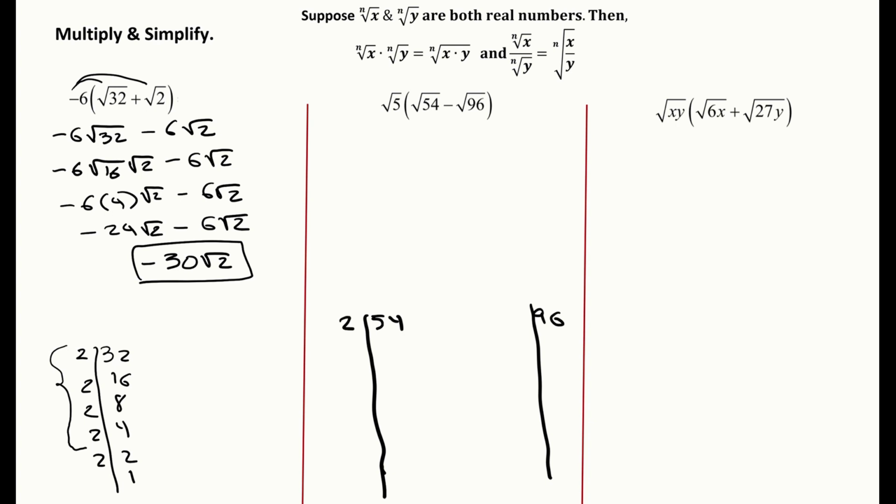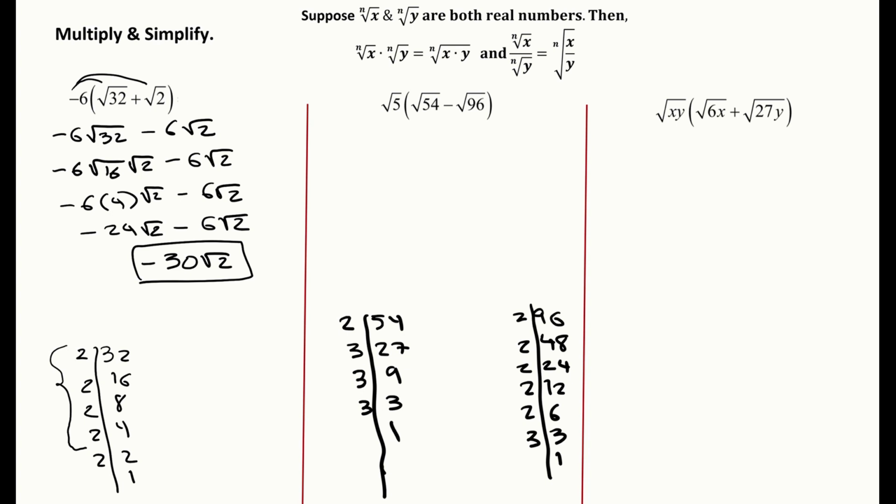So 54, we start with 2, that gives us 27. The next prime is 3, which gives us 9, and then 3 again gives us 3. One last 3 gives us 1. For 96, we can start with 2, which gives us 48. 2 again, which gives us 24. 2 gives us 12, another 2, 6, 2 again, 3, and then 3, 1.